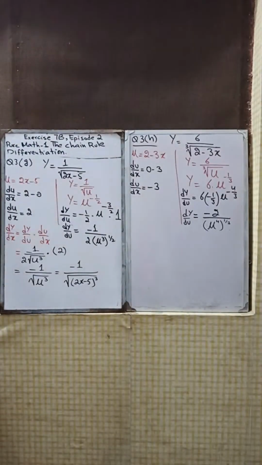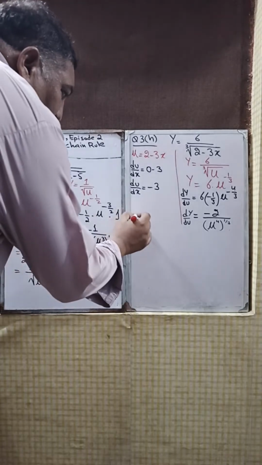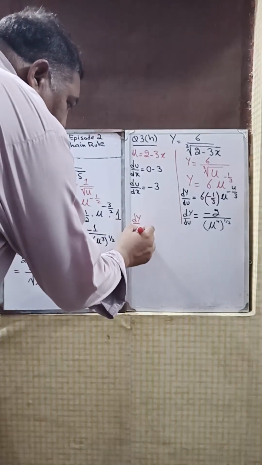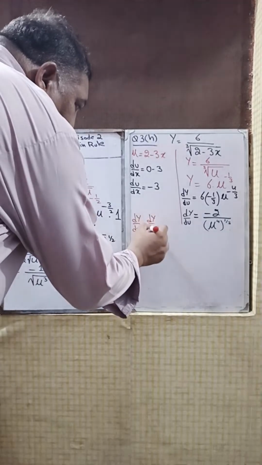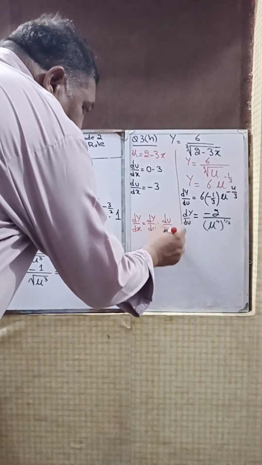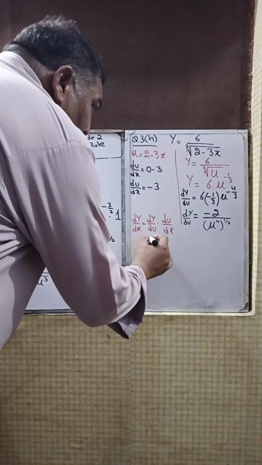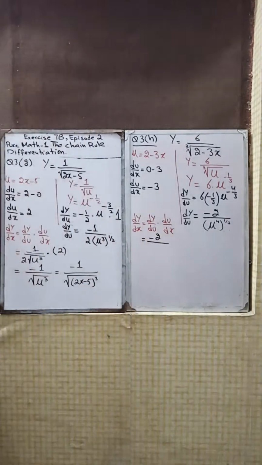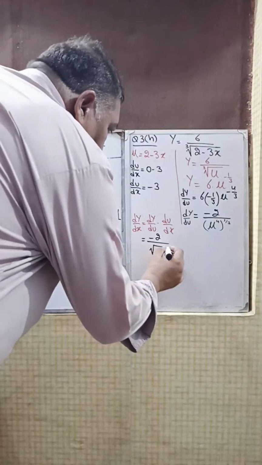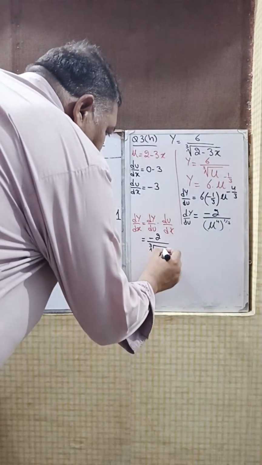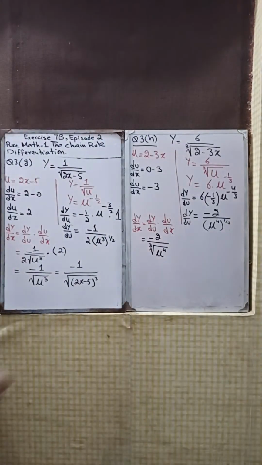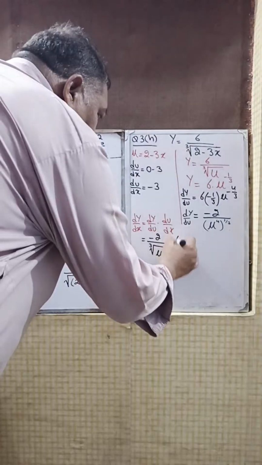You know the chain rule: dy/dx is equal to dy/du into du/dx. Let me write here. So I will apply the chain rule. Just put the values there. dy/du, its value is minus 2 divided by the third root of u raised to power 4, into, I put a bracket here, minus 3.